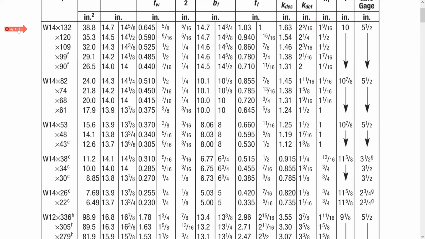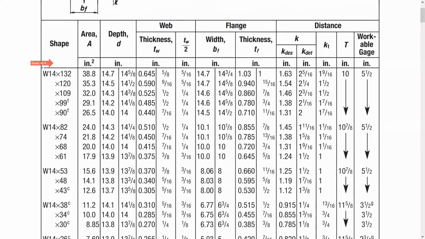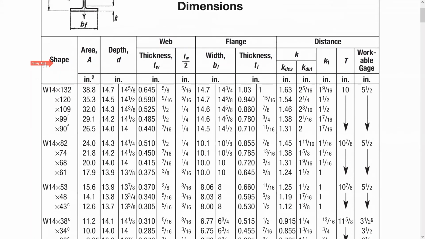Here is the depth of the section, which is 14, though sometimes it might not be exactly 14. Look at this, it's listed as 14, but actually it's 14.3, so you have to check it from here. The web thickness is 0.44, and this times this is the web area.